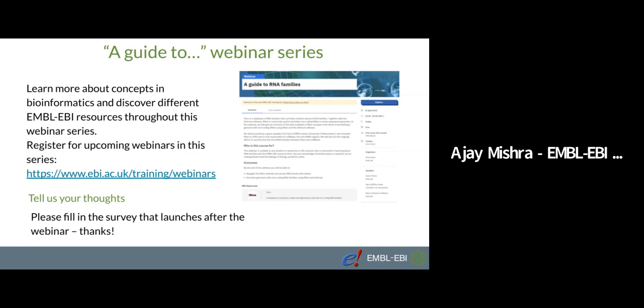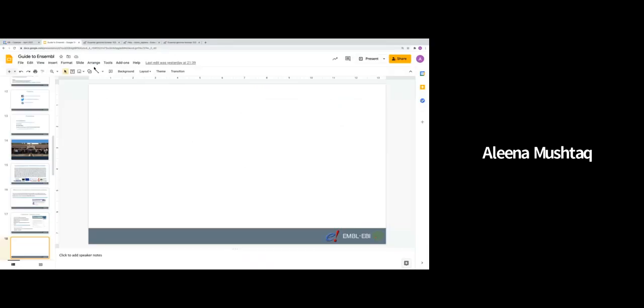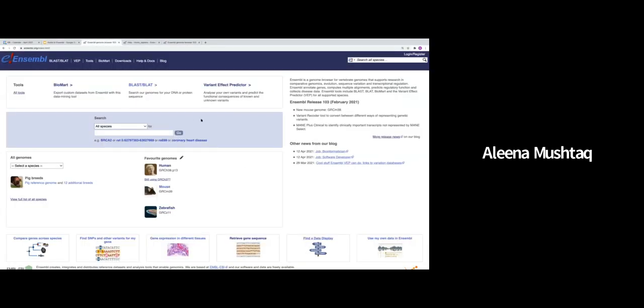Okay, so there's a new question. Is it possible to find genes of invertebrates or plants in this Ensembl browser, or does it show only human, zebrafish, and mouse? Yes, it is possible to find information about genomes of non-vertebrates. For this, you will need to go to our sister site, ensemblgenomes.org.